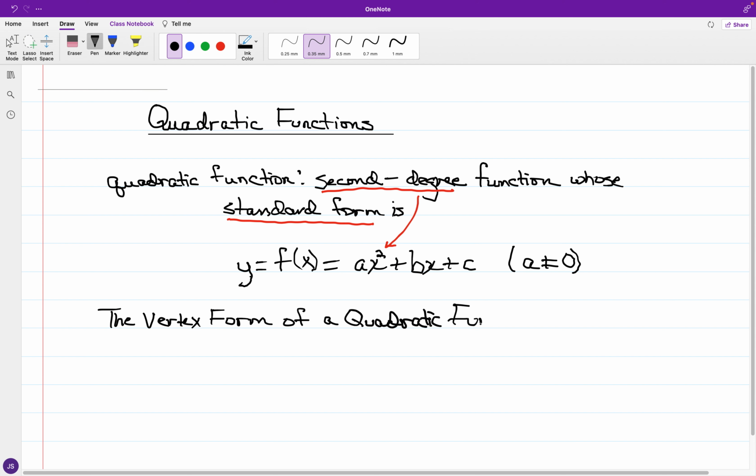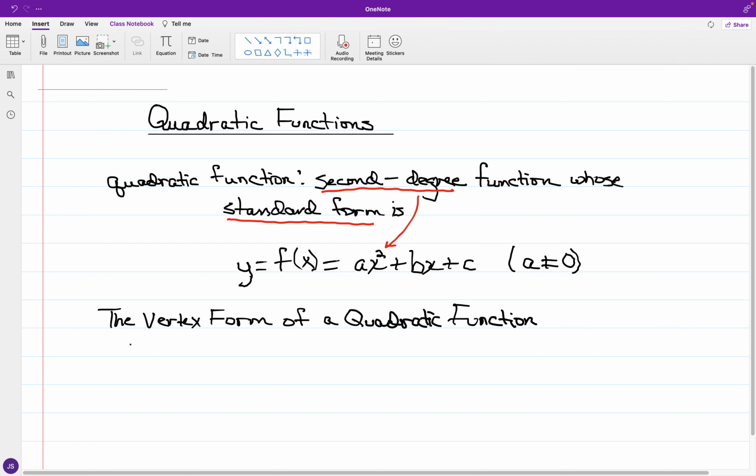There'll be a change in terms of the variables that will be utilized, but we're still going to have the letter a as well as the letter x in place.